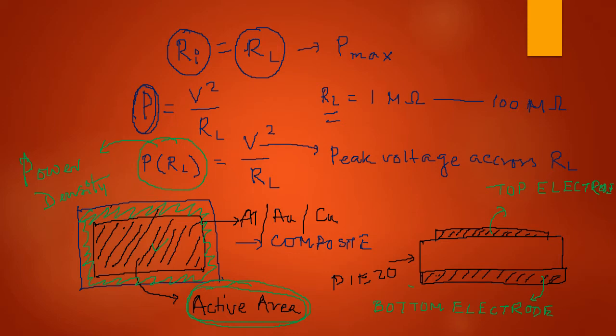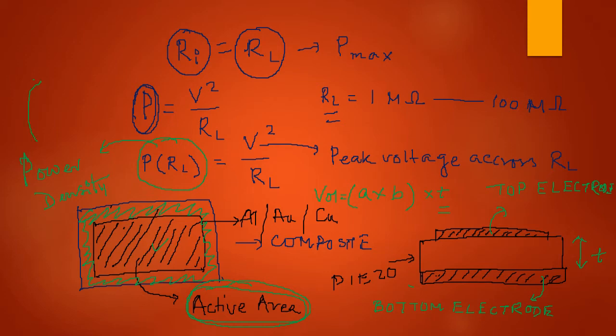So if you just want to add the thickness, let's say you have the thickness here as T, then your active area, let's say your active area is A into B. That could be multiplied by T to get the volume. So in this case, the device volume is considered as the active area multiplied by the thickness, and power density can also be defined.